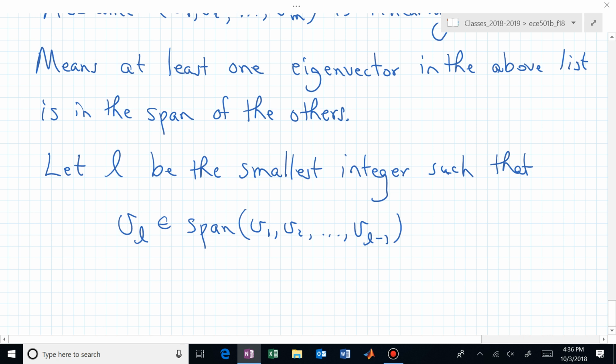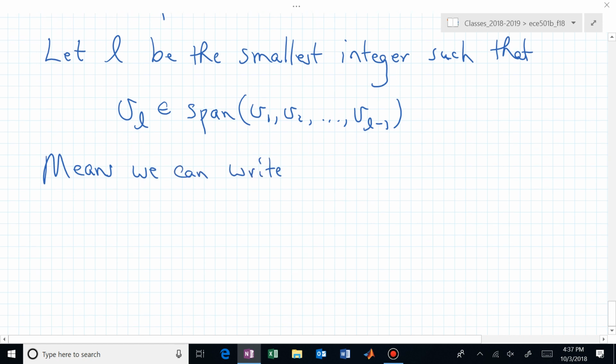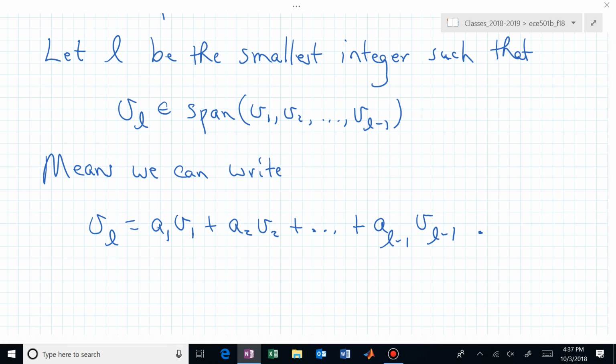That's how I've ordered these vectors. Now that means that I can write v sub L as a1 v1 plus a2 v2 up to a sub L minus 1 v sub L minus 1. That's what v sub L being in the span of v1 through v sub L minus 1 means.